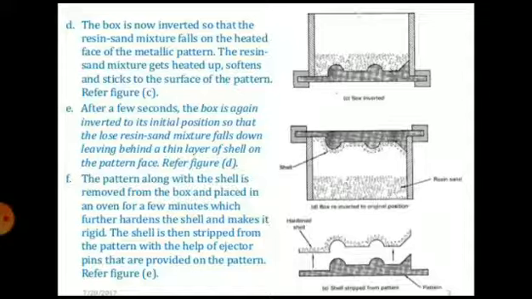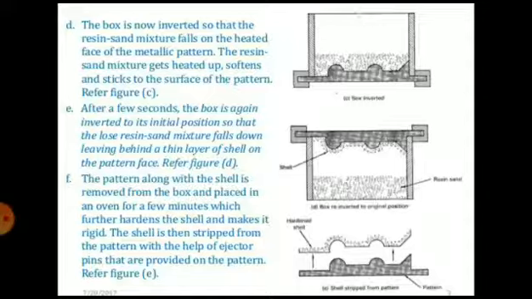Step number 3, shell form over a pattern. In the next diagram, you can see diagram D. The pattern is then turned over to allow unbonded sand to be removed.